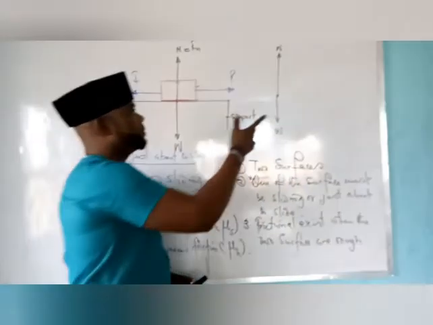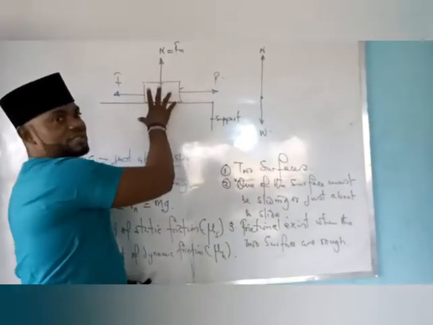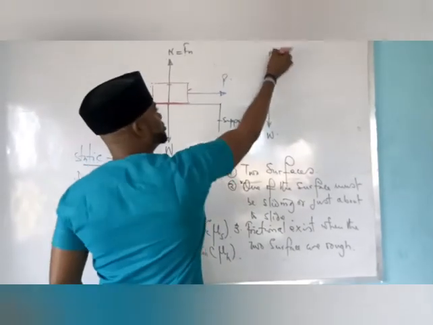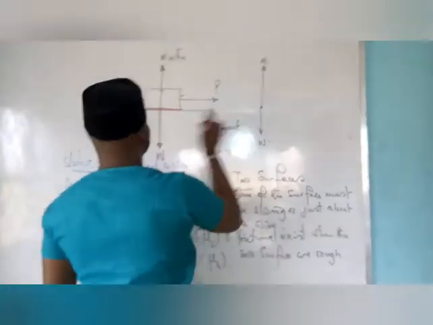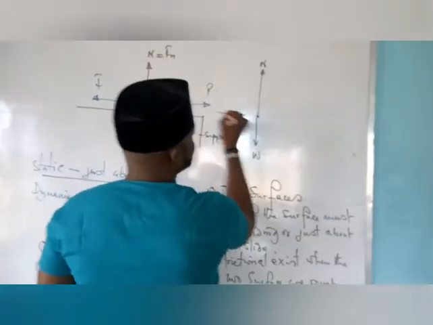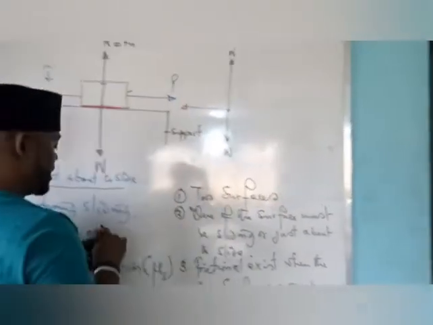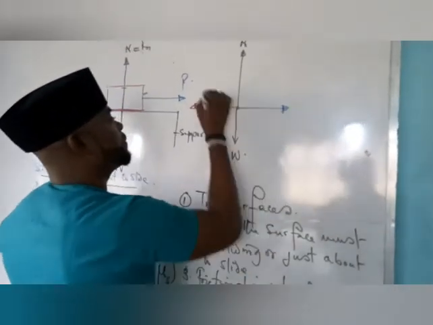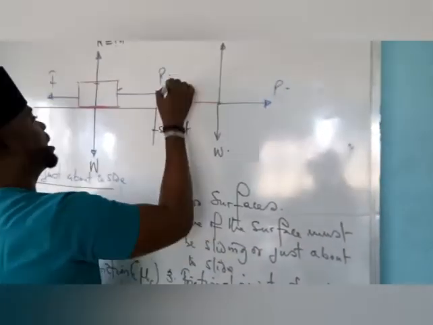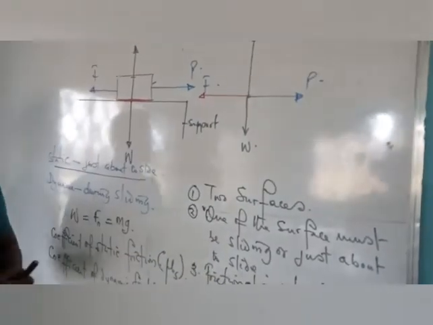Let's look at the free body diagram for these forces here. The normal force acts upward, the weight acts downward, frictional force acts in this direction, and then the applied force acts in this direction.